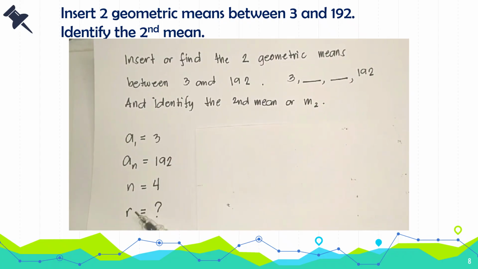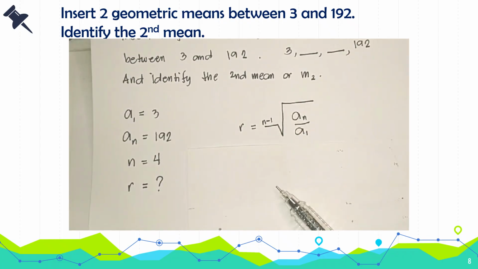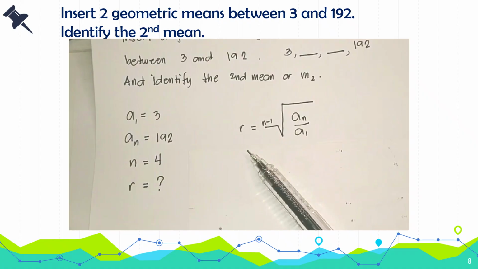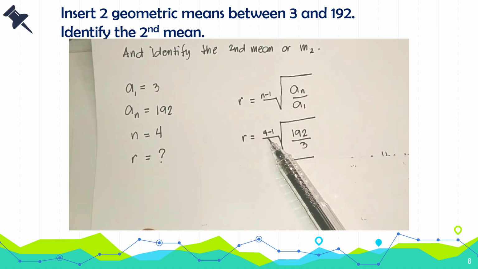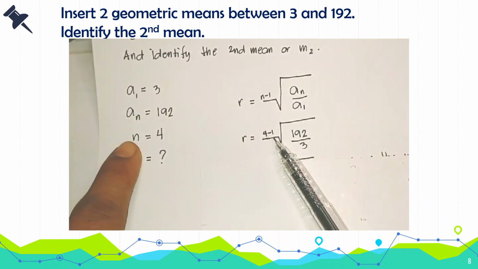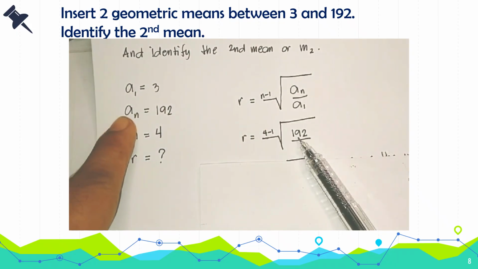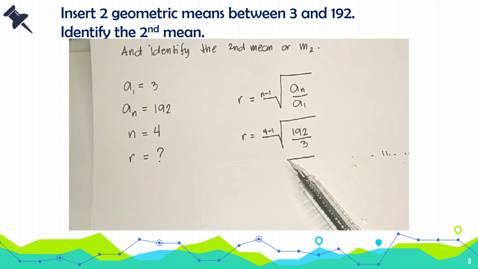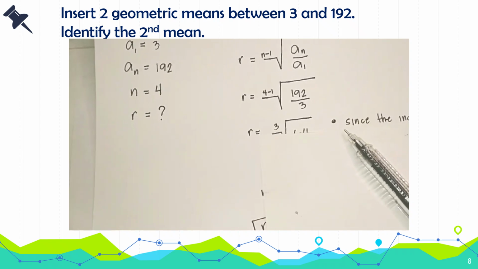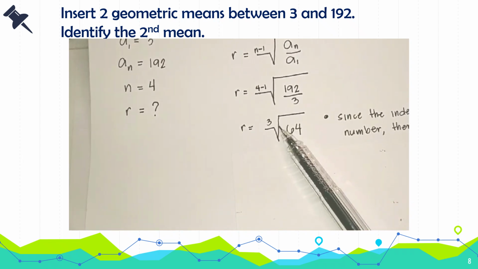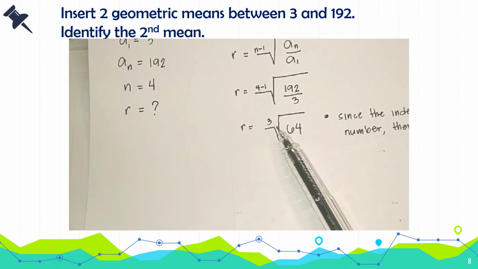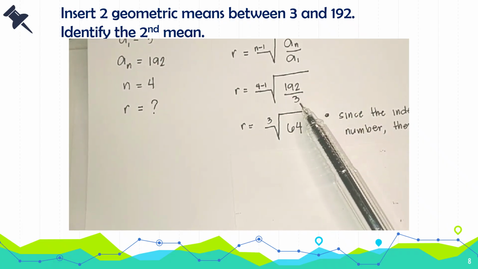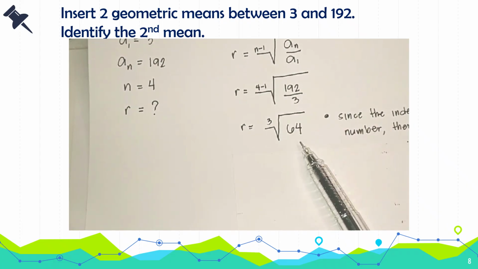Ratio is still missing. This is our formula in getting the value of ratio. Let's substitute. 4 minus 1 for our index. 192 over 3. Let us simplify. The index here will be 4 minus 1, which is 3. 192 divided by 3 will give us 64.